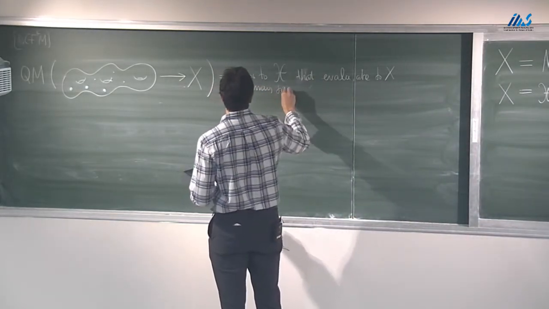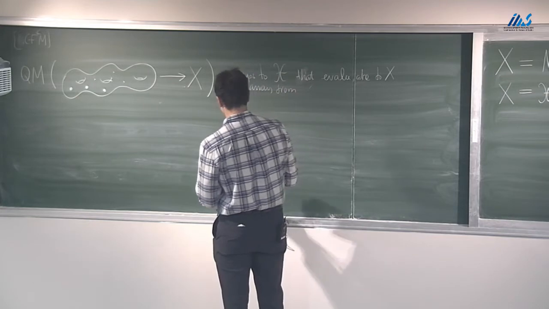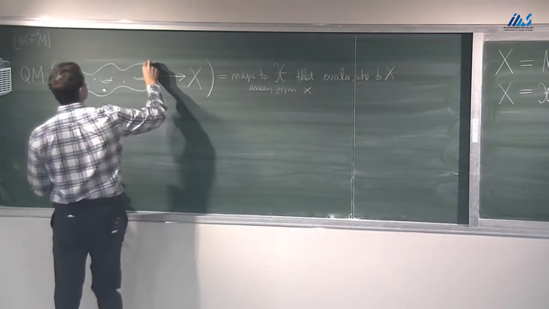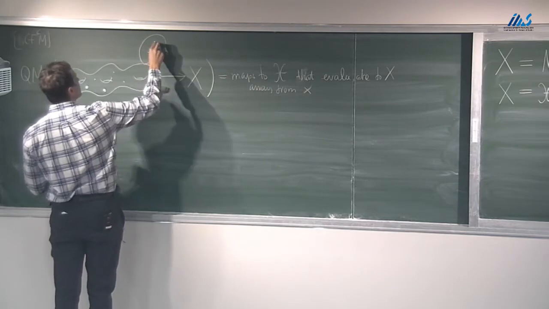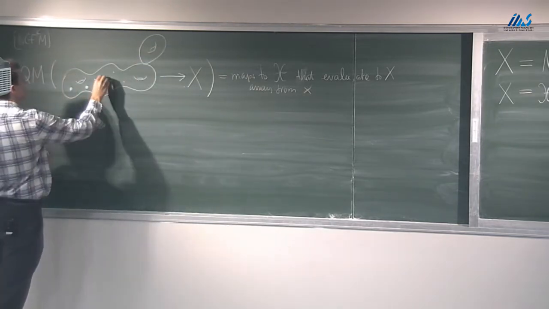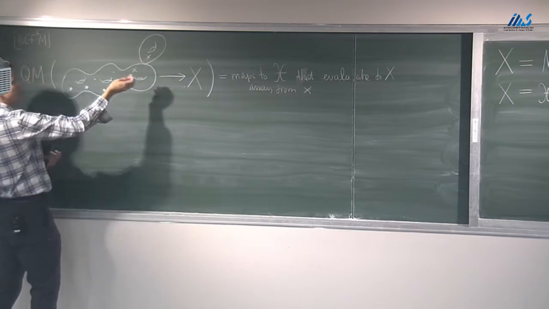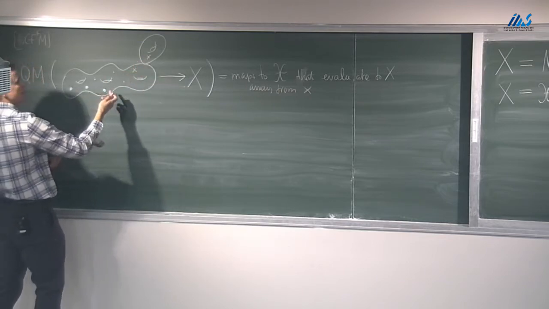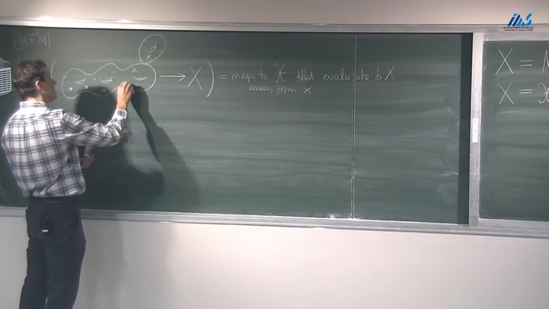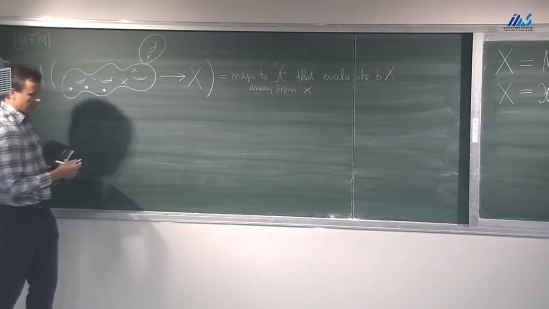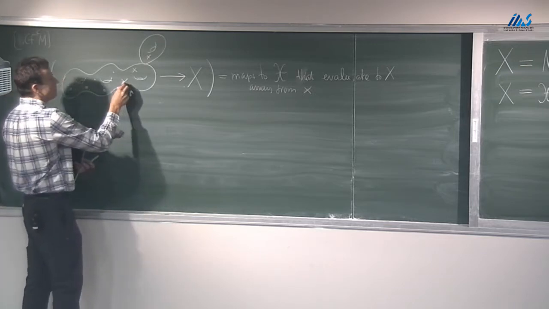Maybe I'll draw them in red. And maybe I'll draw a nodal curve. These points have to be away from the nodes, and they can sit on top of a white point, but they have to be away from the blue points.